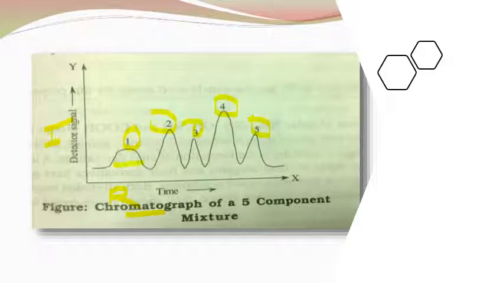The size of the peaks is different. You can see one is very broad, one is less broad, and one is very thin. So according to the size of the peak and its height, both give the quantitative analysis.